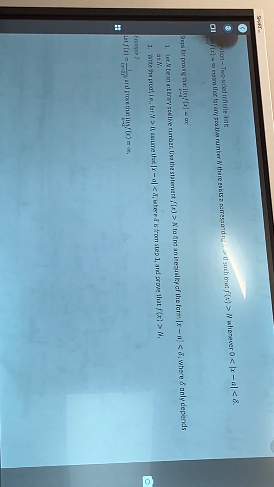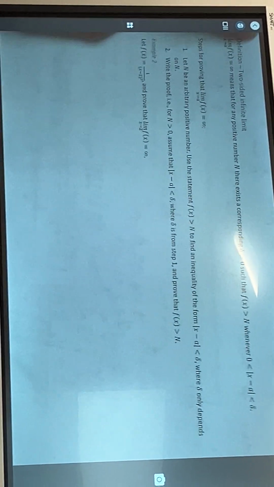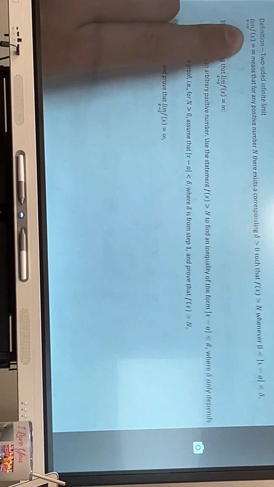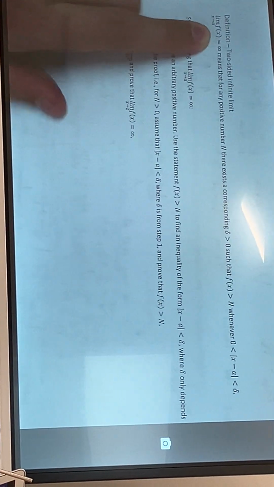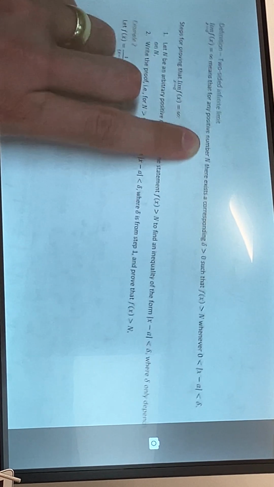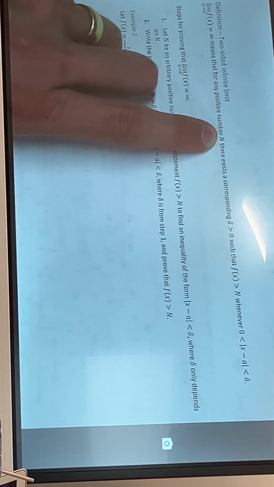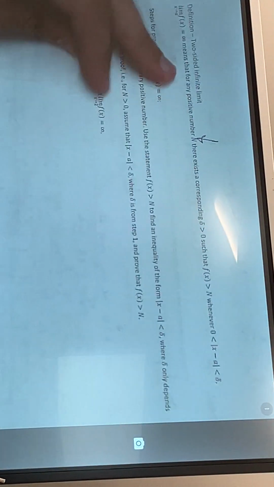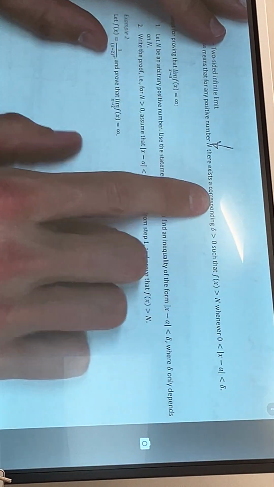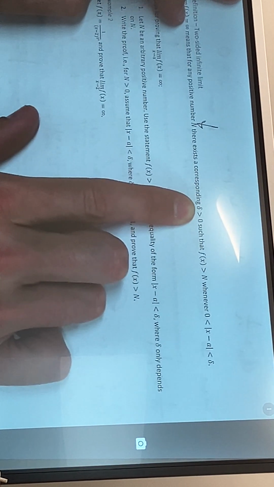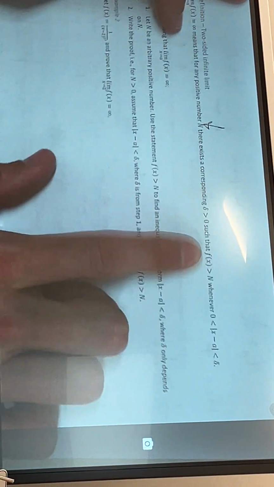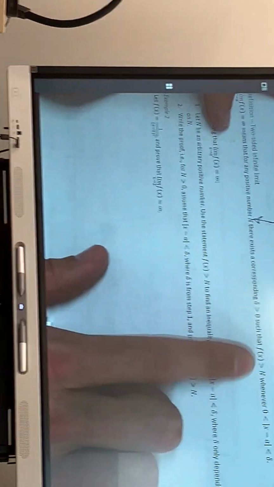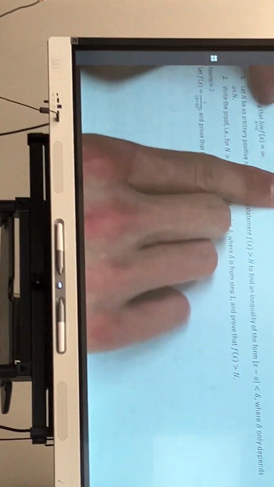This ought to be an interesting one. If you say that a limit is infinity, and we want to prove that the limit is infinity, that means that if you pick any positive number, any big number like this, this becomes the arbitrary thing, how big you want it to be. There exists some corresponding delta, which can be small, such that the y value of the function is going to be bigger than however big the arbitrarily large number you said was.